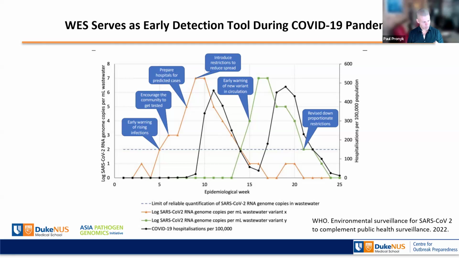And I guess one of the important points here is that in areas where there are not robust clinical detection and surveillance programs, wastewater is even more important in terms of picking things up early. Next slide.